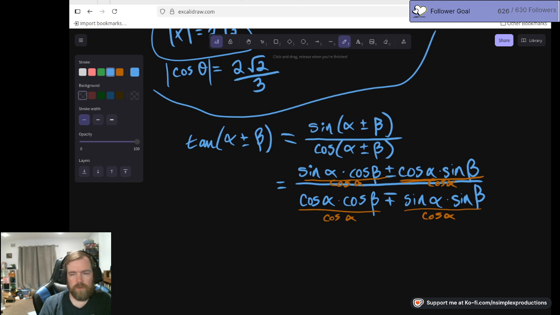And also, we apply the same logic to beta. So if we divide by the cosine of beta everywhere, then either we get rid of the cosine of beta or we create a tangent of beta.